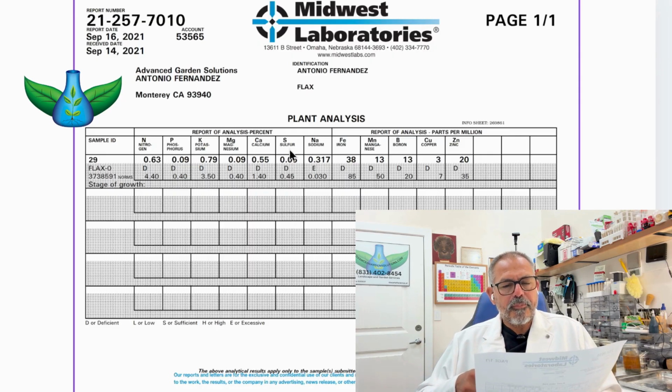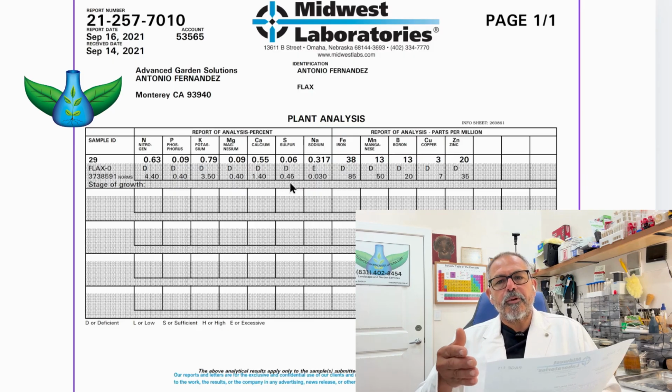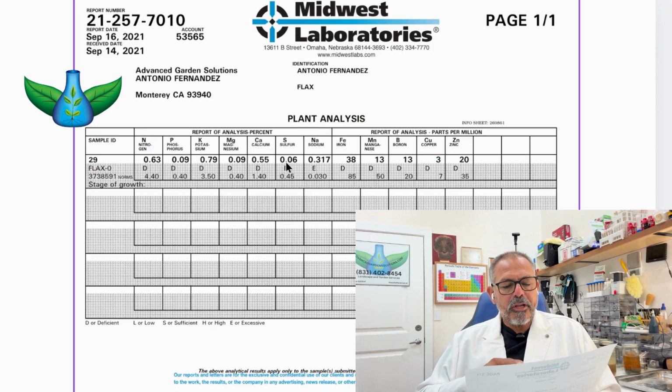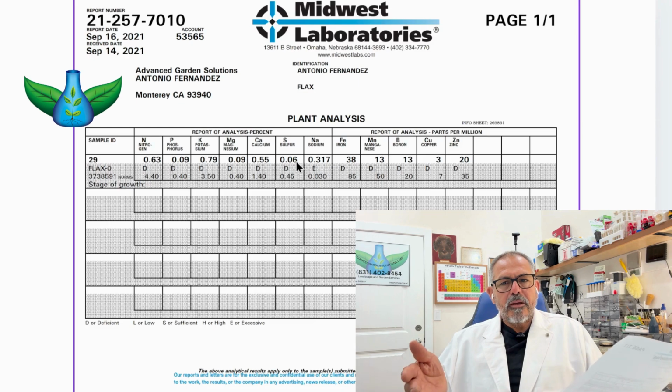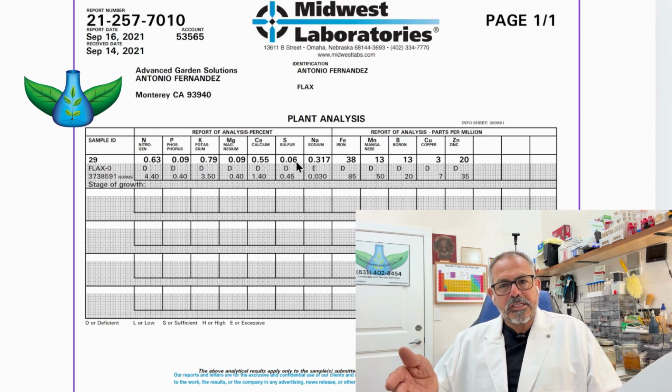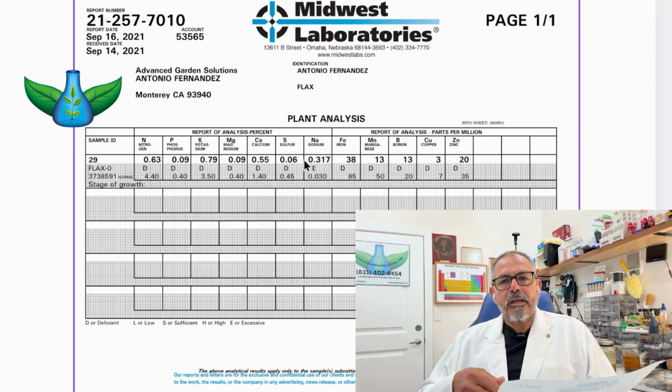Moving on to sulfur. It should be between 0.2 and 0.45%, but in this case, we only have 0.06%, although sulfur was already somewhat low in the soil sample, it is even lower here in the plant tissue analysis.